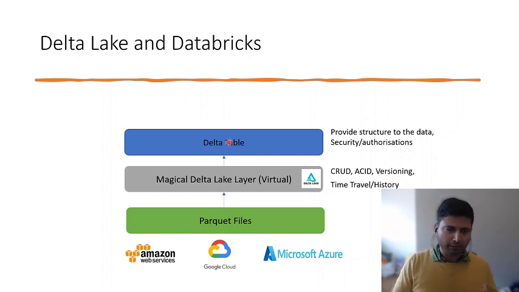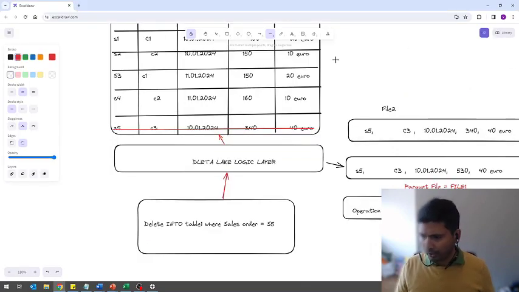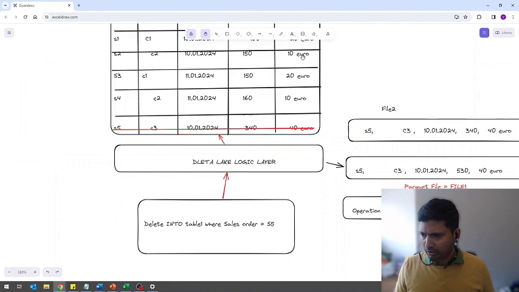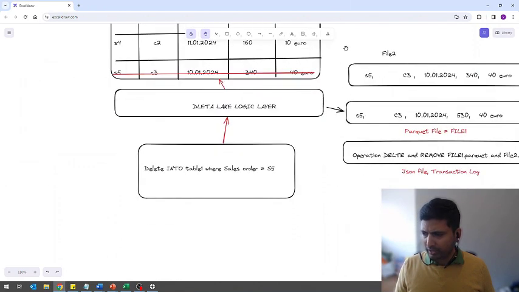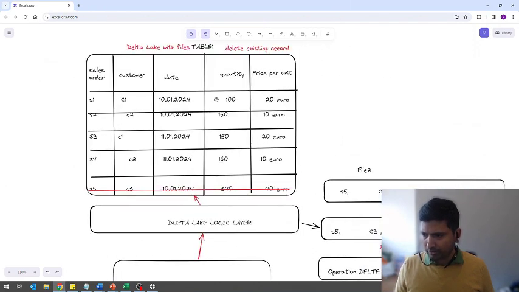What happens is, in future, as an example, if we go back to our drawing, if you introduce another column here, maybe quantity multiplied by price is your sales value.